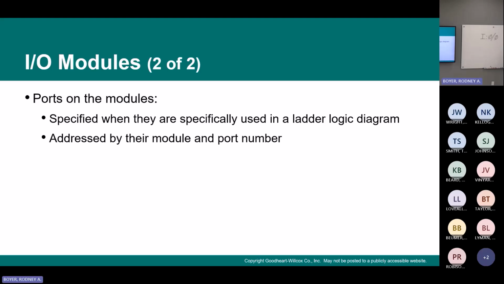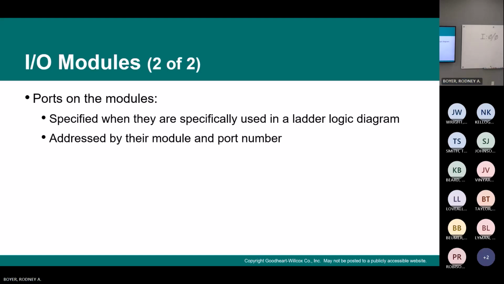Go to slot number. Always start with 0, and then up to 7 from there. The slash tells you that you're talking about a bit level address or a single discrete point. And then they start at 0 and go up to however many you have on that particular module.